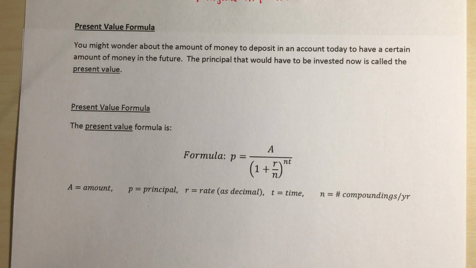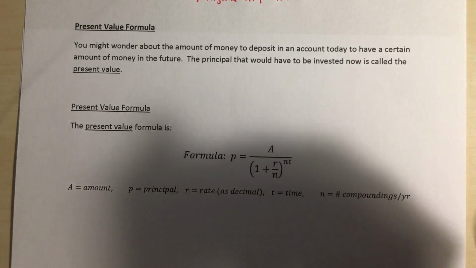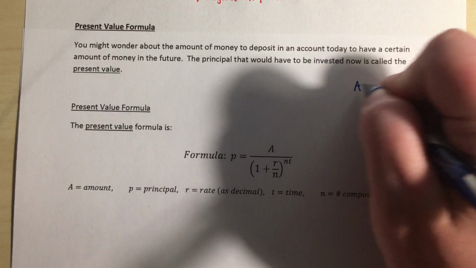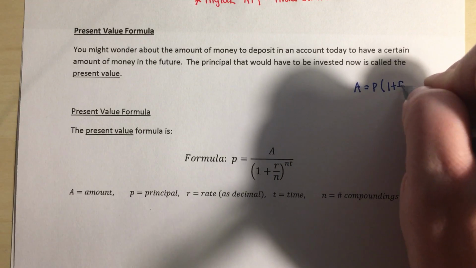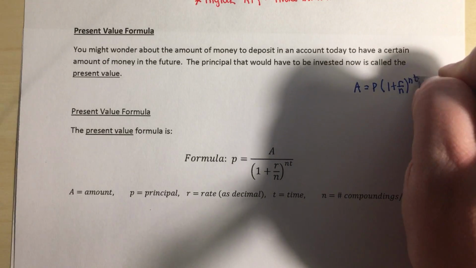So what we've done is we've taken our original compound interest formula and just rearranged it to what we're solving for. To explain where that comes from, our original compound interest formula is A equals P times (1 plus r/n) to the nt.